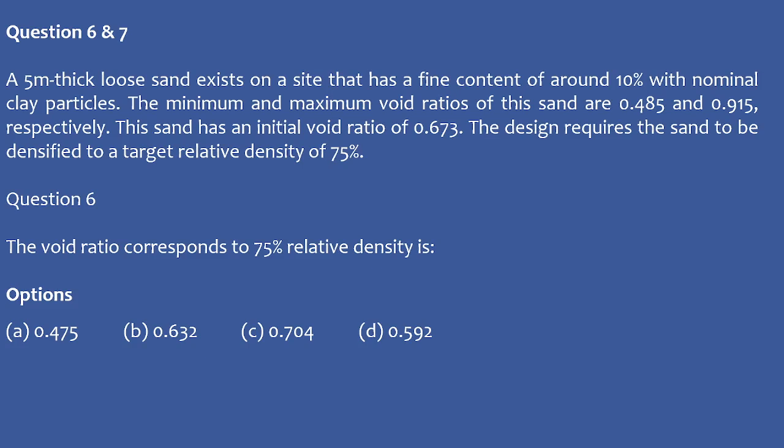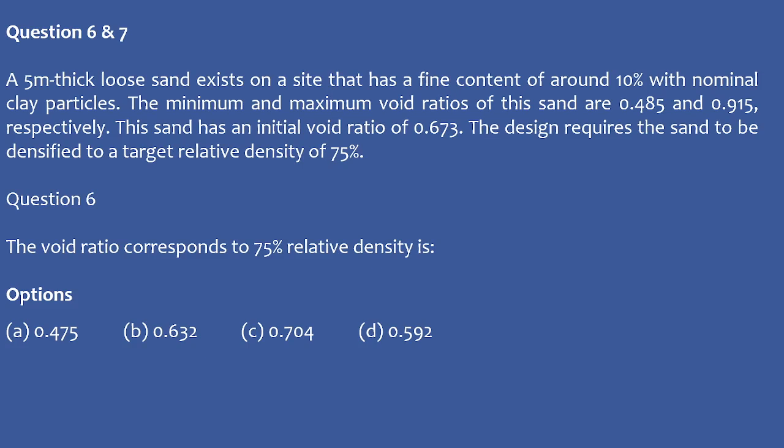The maximum and minimum void ratios are given as 0.95 and 0.485 respectively, the initial void ratio of the sand is 0.673, and the design requires the sand to be densified to a target relative density of 75%.